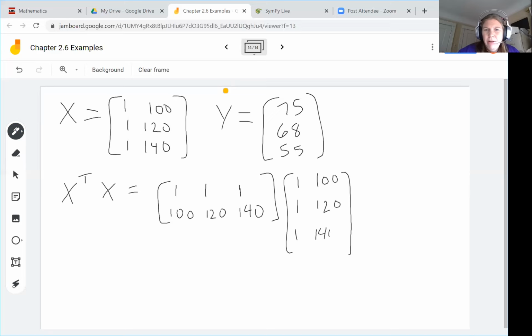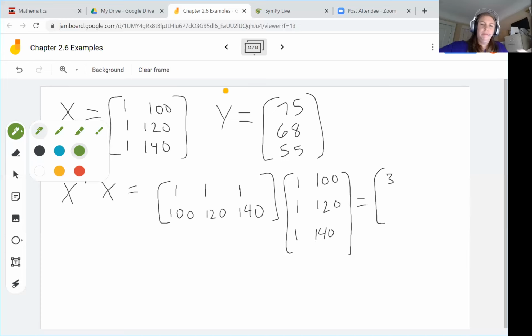And you can do this either in SymPy or by hand and see, all right, that first value is going to give us a 3 because you've got 1 plus 1 plus 1. Does everybody see we're going to get a 2 by 2 matrix? Because this is a 2 by 3 matrix multiplied by a 3 by 2 matrix.